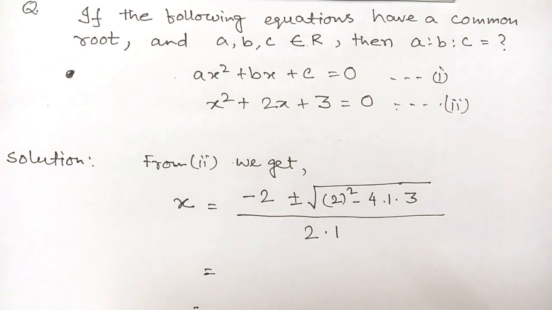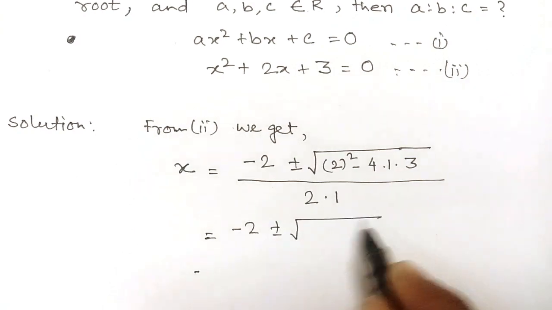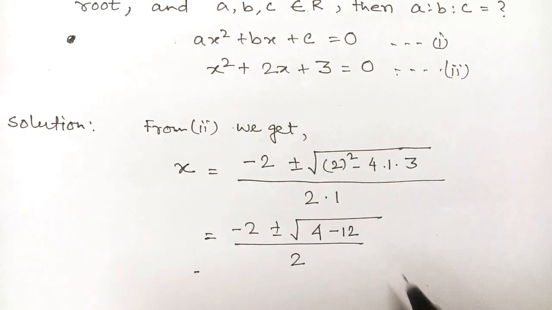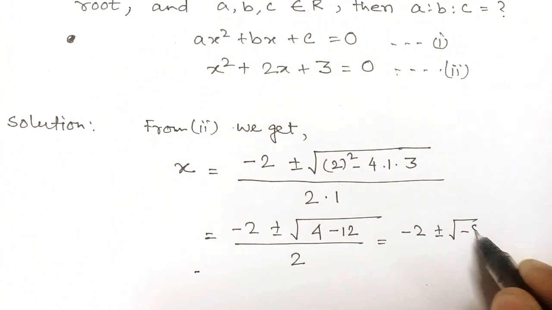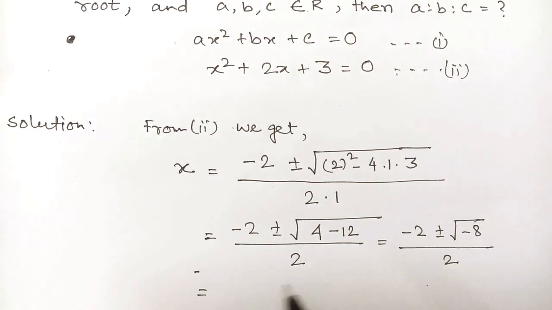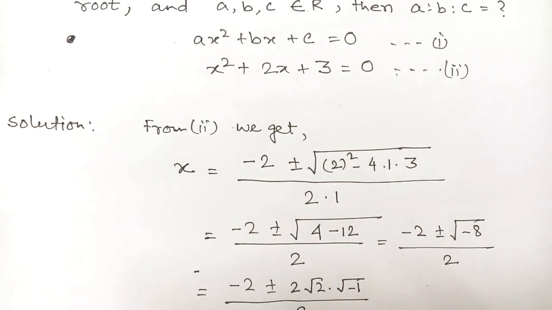So from here we get minus 2 plus minus root over of 4 minus 12, divided by 2, which equals minus 2 plus minus root over of minus 8, divided by 2. This simplifies as minus 2 plus minus 2 root 2 into root over of minus 1, divided by 2.